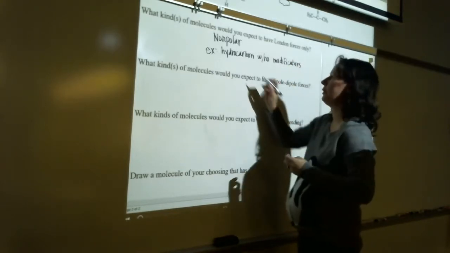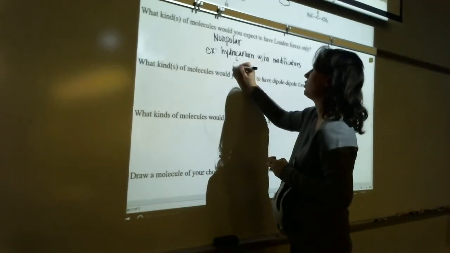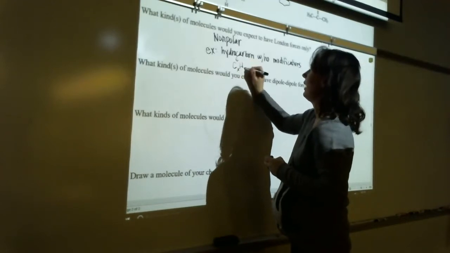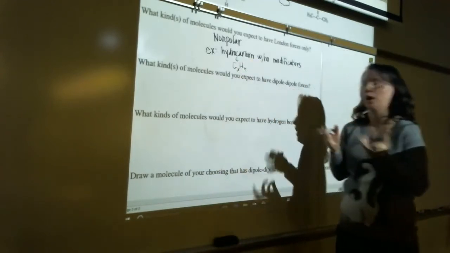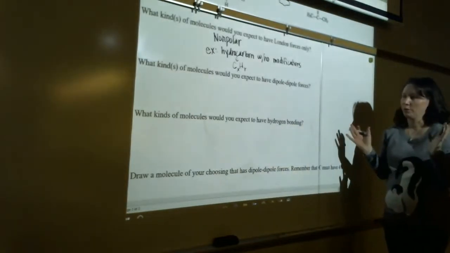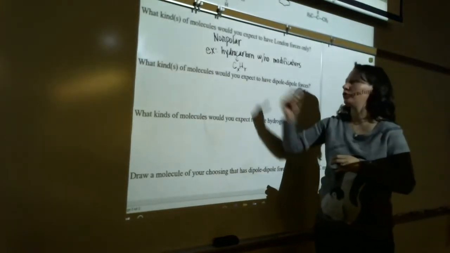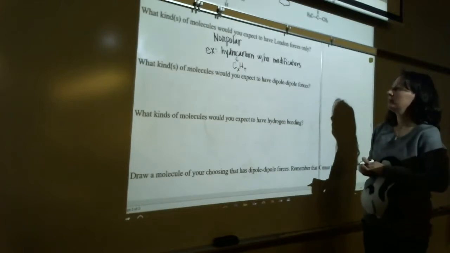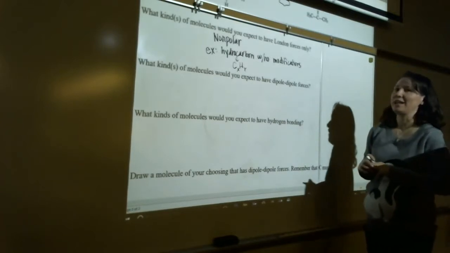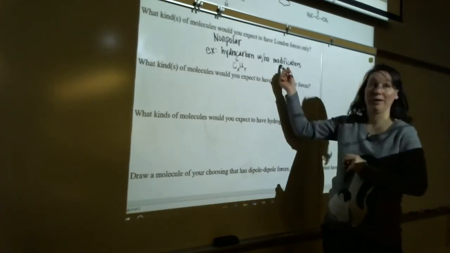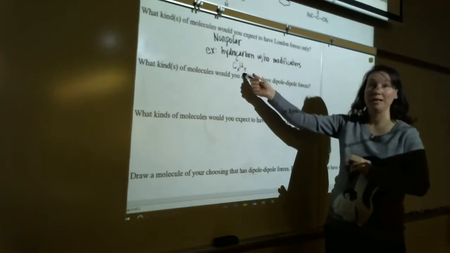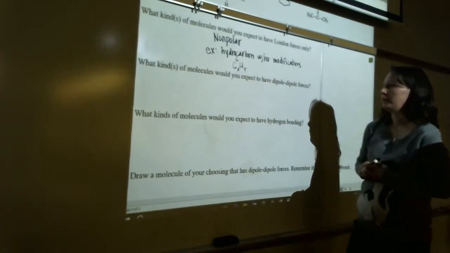Remember, we say a hydrocarbon is any molecule that fits the description CxHy, just carbon and hydrogen. So any hydrocarbon that fits that description would be nonpolar. The CH3OH, that's a modification, but CH4, that's just a straight up hydrocarbon.